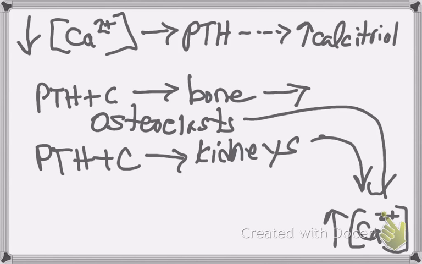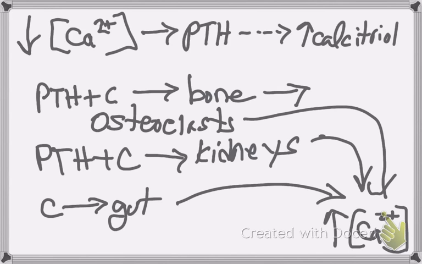Just saying. Okay, and then calcitriol, which, because it's stimulated by PTH, talks to the gut. What do you think it's going to tell the gut? If there's any calcium in that food at all, you be sure to absorb it. Okay, it increases the absorption of calcium from the gut. And that then is going to increase the blood calcium.